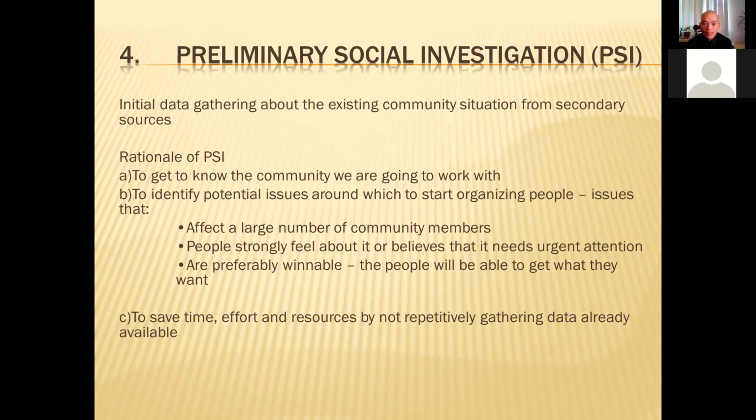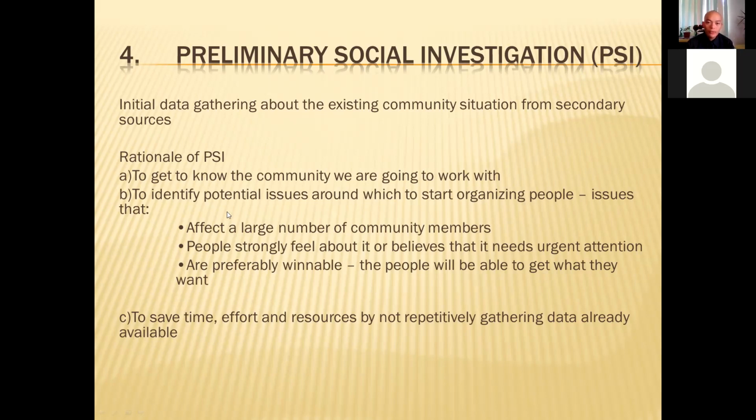So what are the decisions? Issues affecting a large number of community members. People strongly feel about it or believe that it needs urgent attention. And issues that are preferably winnable, meaning the people will be able to get what they want.